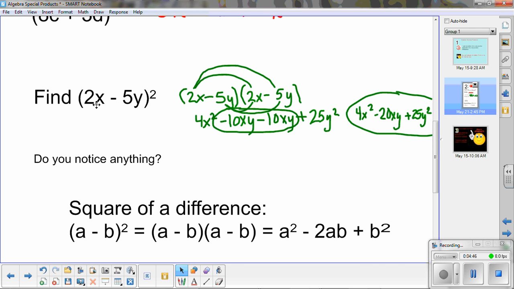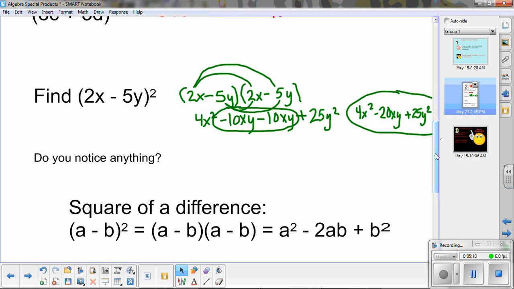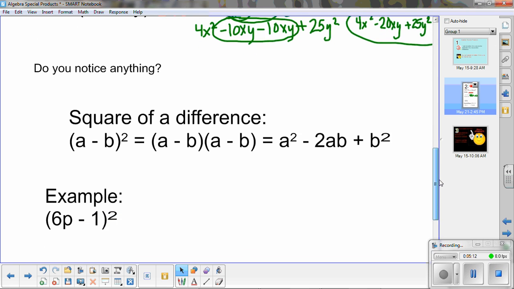You should have noticed that we will once again square the first term, square the second one, and then this one in the middle, instead of being these two things multiplied together and doubled, it's going to be, instead of plus, minus this time. It's called the square of a difference.